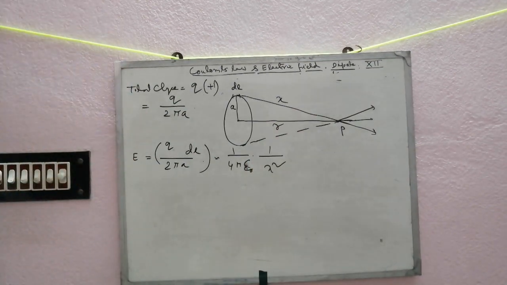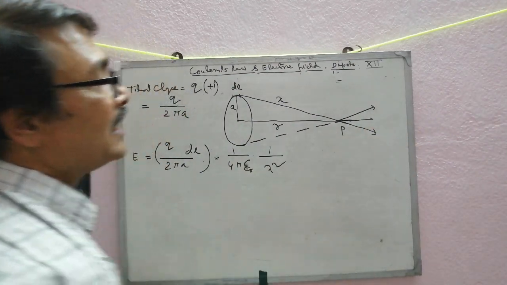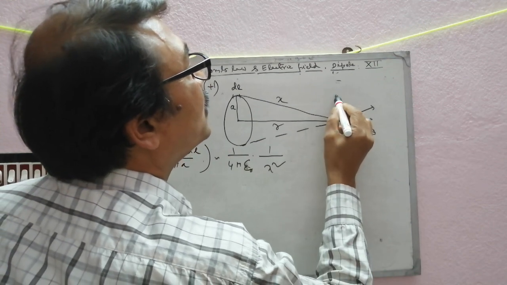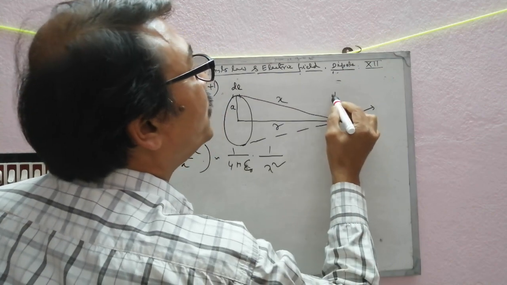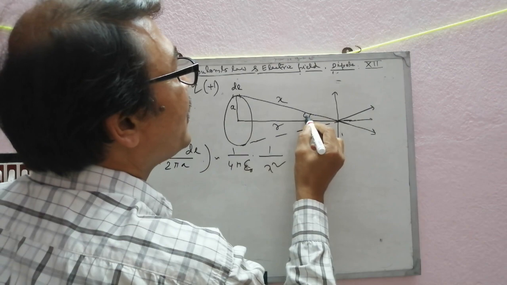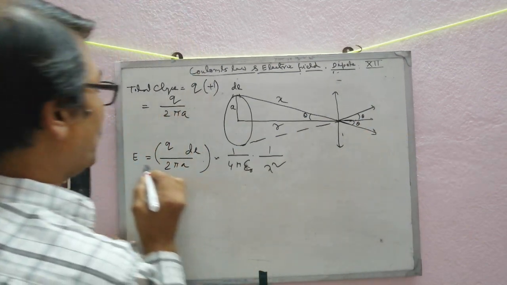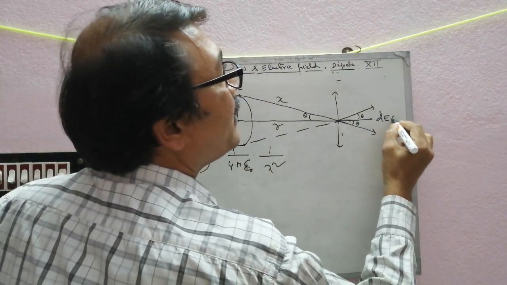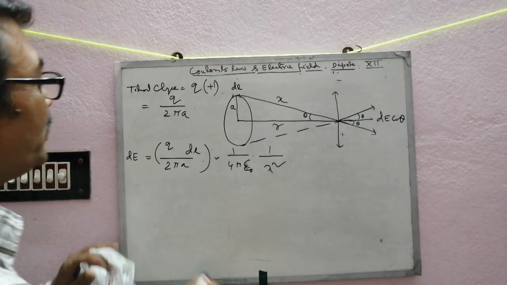The magnitude of the two fields are equal, but direction is different. Now, the vertical components of these two fields cancel each other. If this angle is theta, so field equals dE cos theta. Okay, sin theta components cancel each other.